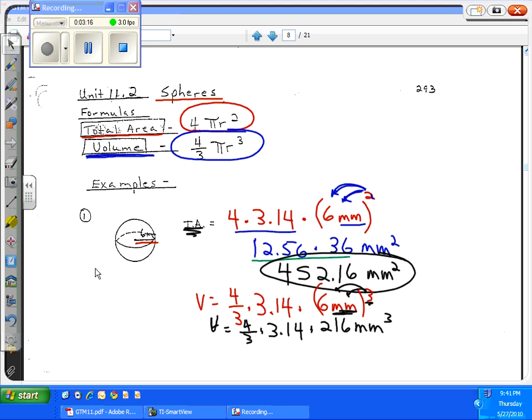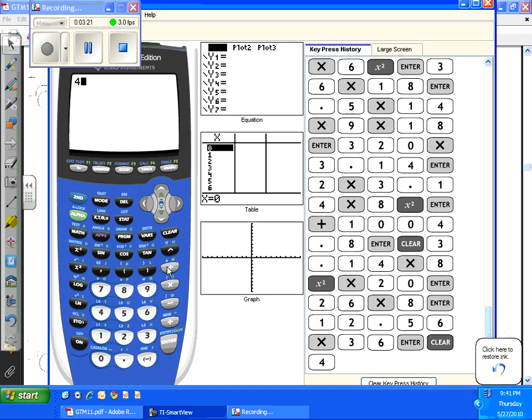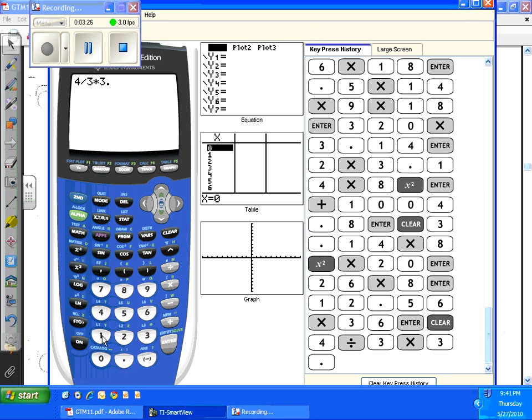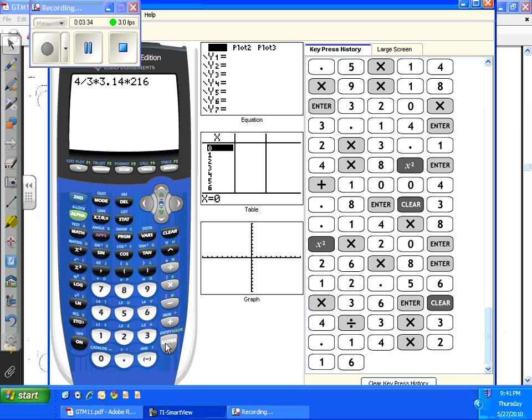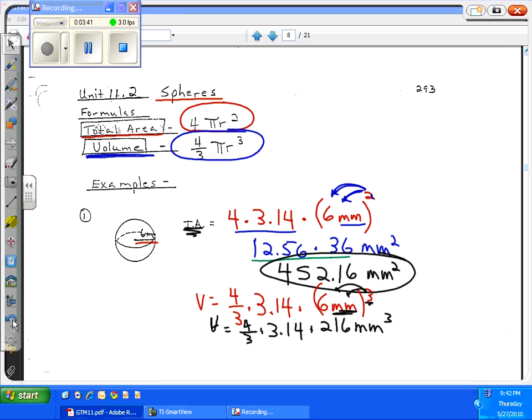So 4/3 pi 216. 4 divided by 3, 4/3 times pi times 216, is 904.32 cubic millimeters.